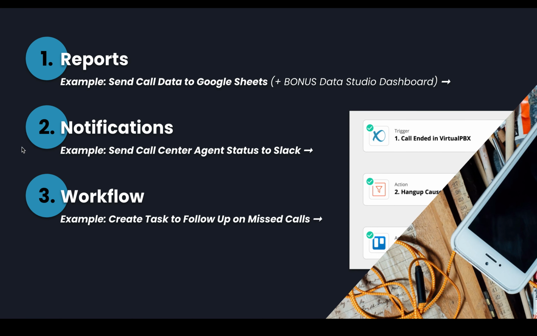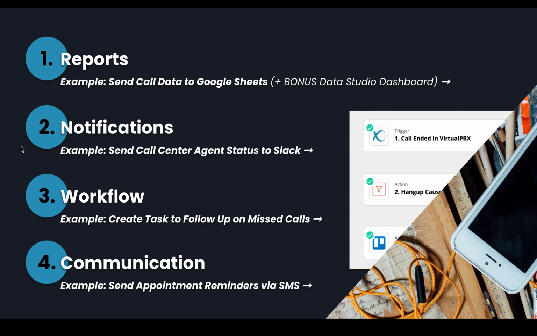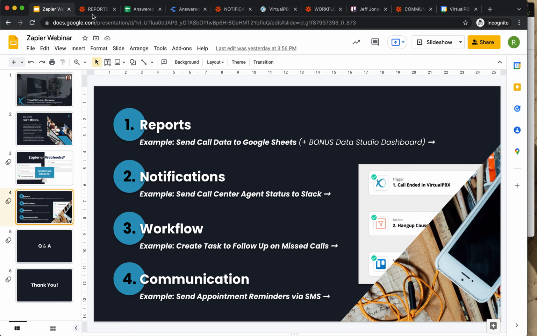Our third will be a workflow. Our example will be to create a task in Trello to follow up on missed calls. Our fourth will be a communications flow, and in our example, we're going to send an appointment reminder via SMS. So let's get to our examples.